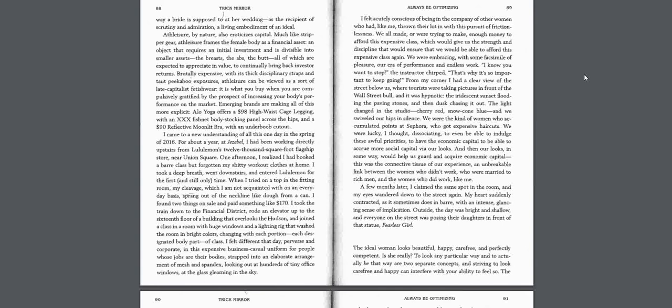But at the same time, there's a sense in which you feel like it's kind of out of your control. This term, thrown their lot in with this pursuit of frictionlessness. So they're kind of chasing an ideal that they don't necessarily feel like they have any control over, even though the things they do in pursuit of that control are very overt, right?